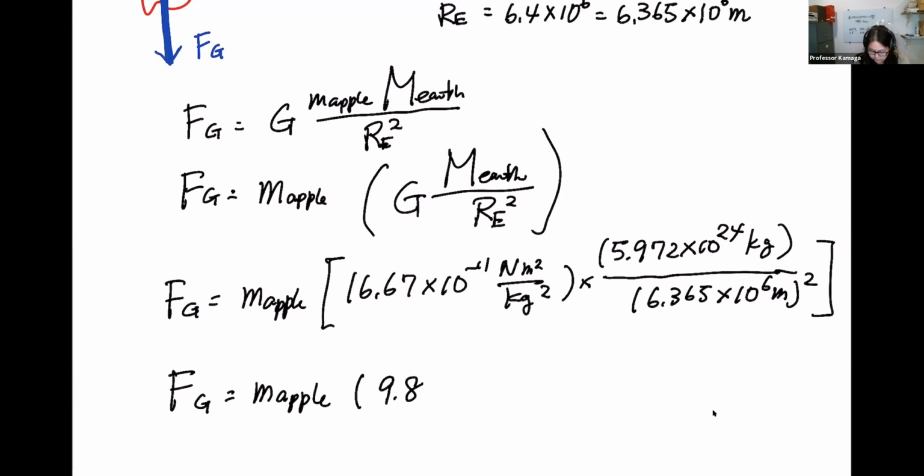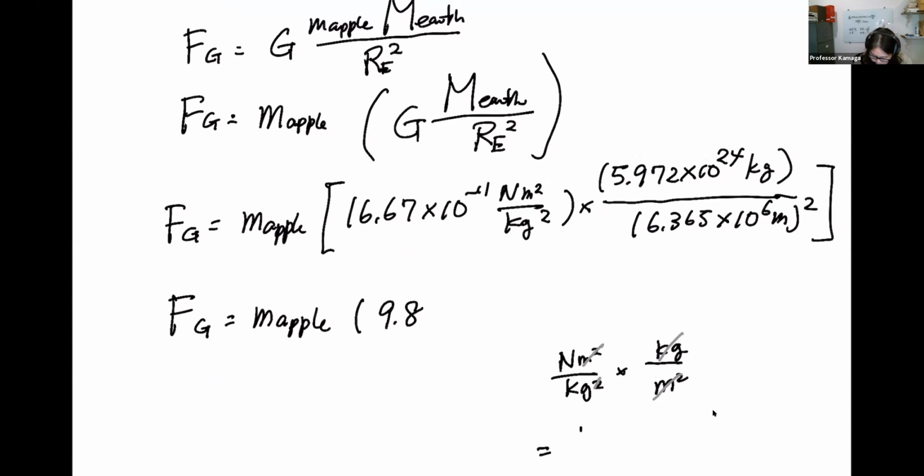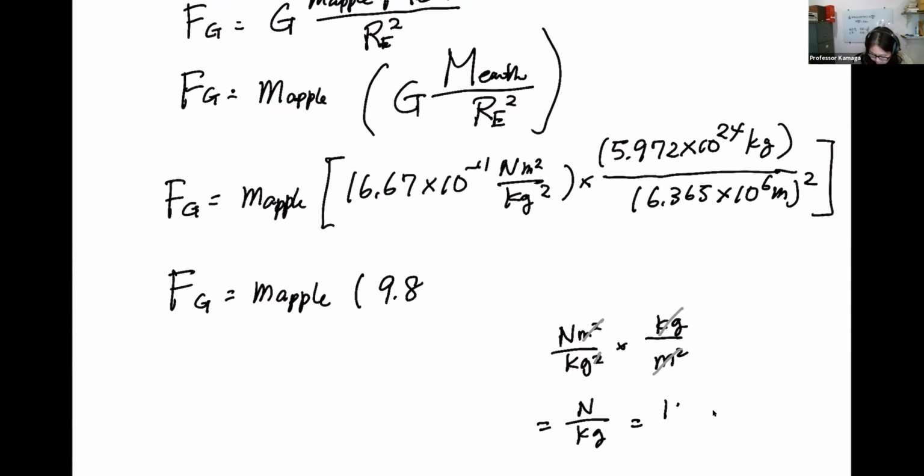And let's see the unit. Newton meter squared divided by kilogram squared, times kilogram, divided by meter squared. So you see these meter squares cancel. One of the kilograms cancels. So what we have here is Newton divided by kilogram. Newton is kilogram times meter per second squared. Newton's second law of motion says meter per second squared equals Newton divided by kilogram.